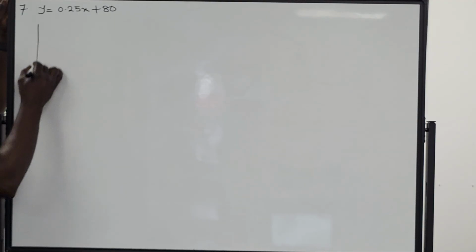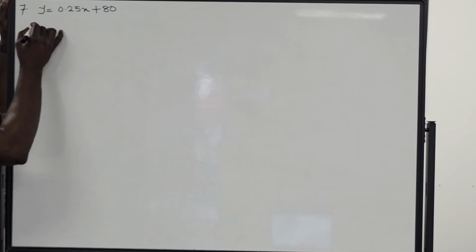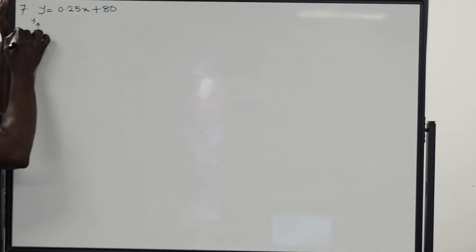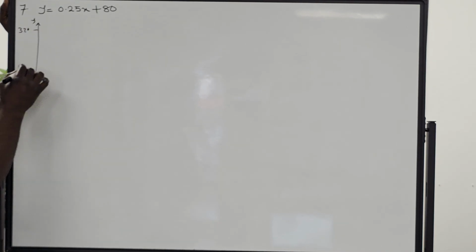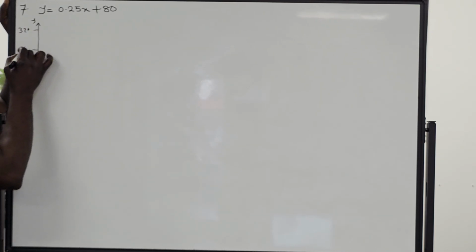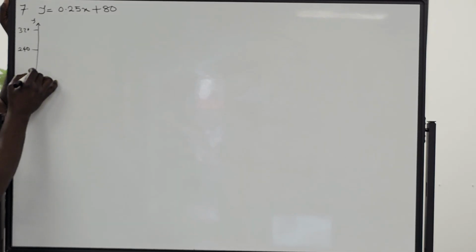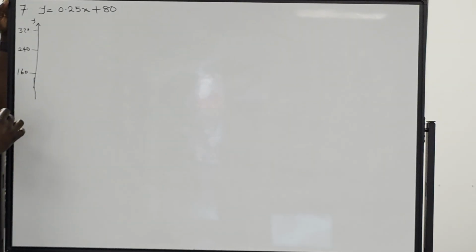They give us a graph. You have y here: 320, 240, 160, 80, 0.